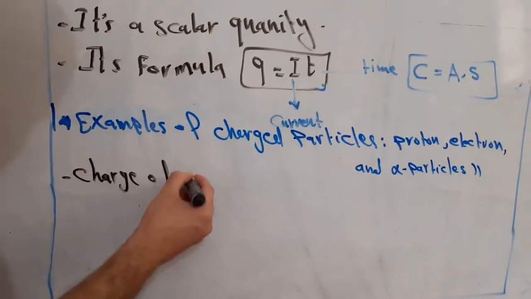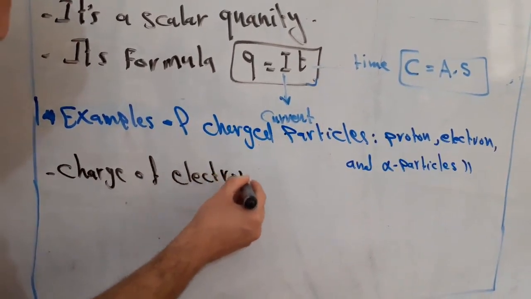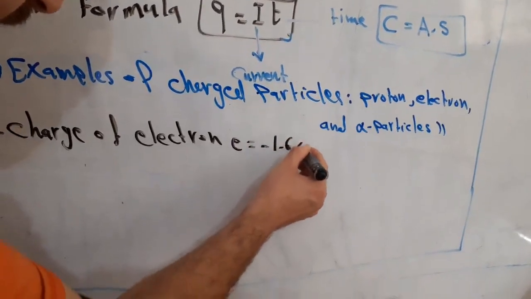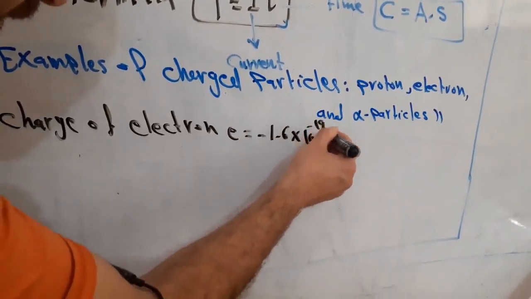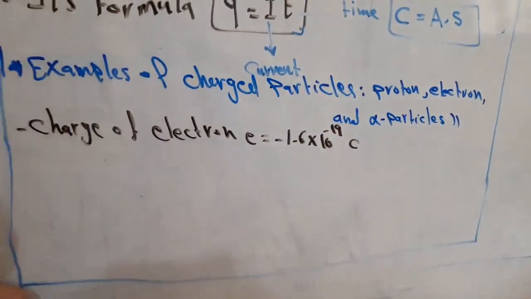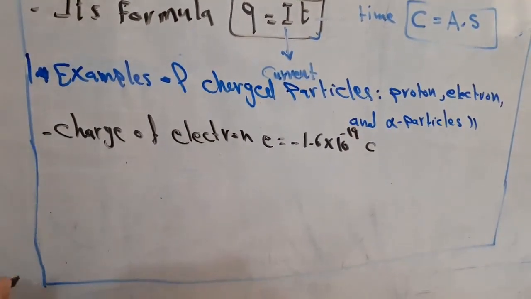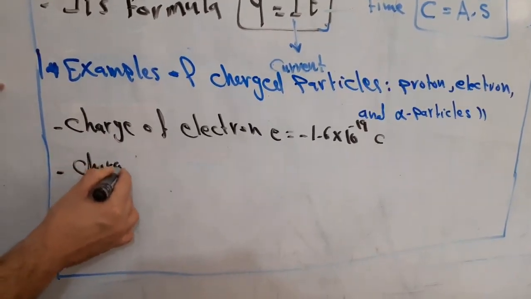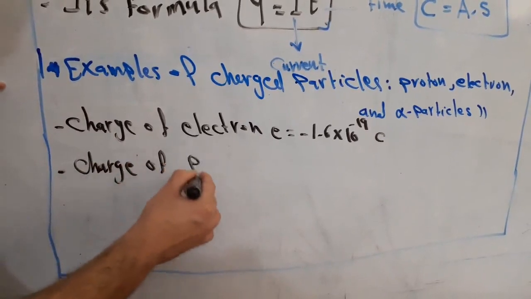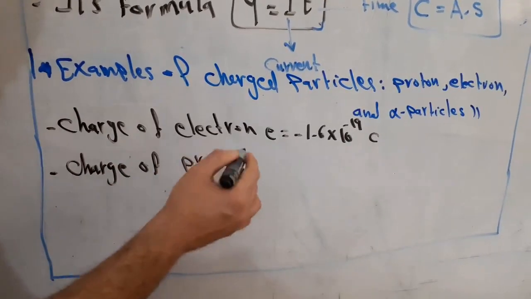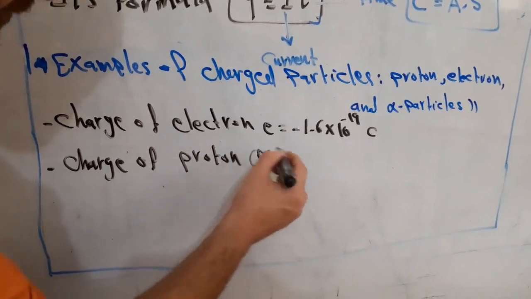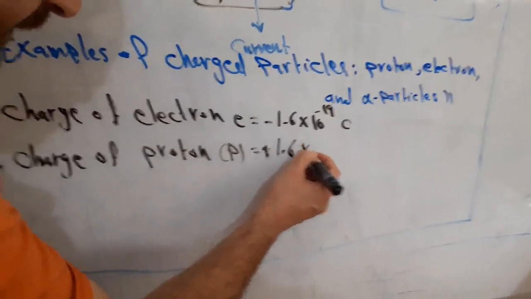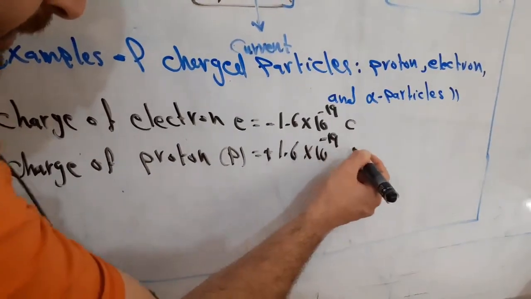Charge of electron: e equals minus 1.6 times 10 power minus 19 coulomb. This is the electron charge. Charge of proton is the same, but positive, plus 1.6 times 10 power minus 19 coulomb.